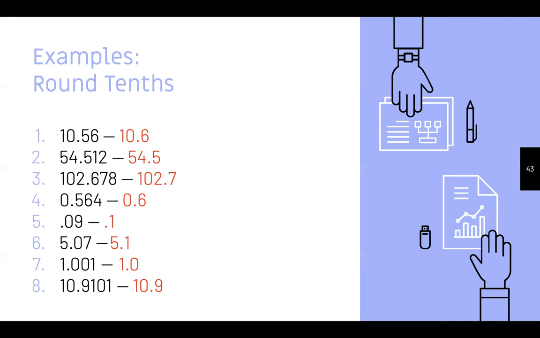0.512, we do not need to look at the 2 because we want to round that 5 number, either keep it the same or round it up. So we will look at just the 51, and that 2 is a distractor, and 1 is less than 5, so we keep it at 5. 0.678 is another distractor with the 8.